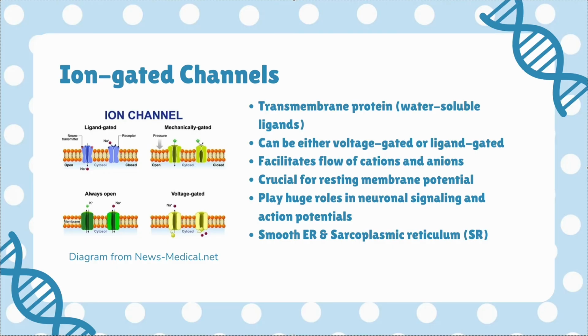And there's a lot of ion-gated channels in the smooth ER and sarcoplasmic reticulum, which is in skeletal muscles. Now, remember, smooth ER actually stores calcium ions. So, ion-gated channels are crucial for the calcium cations to exit out during signaling.